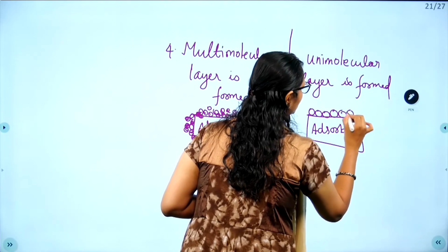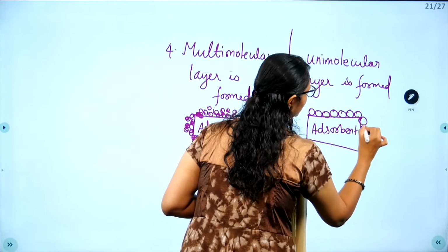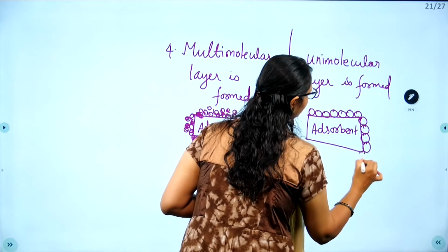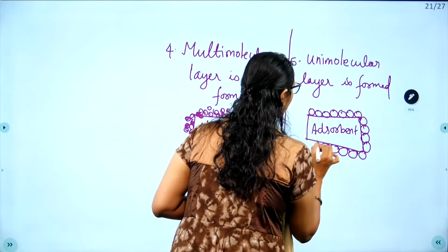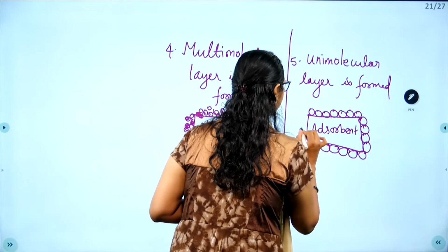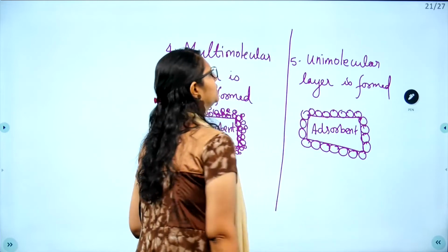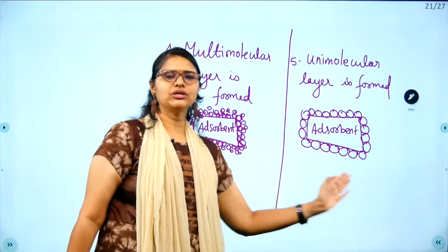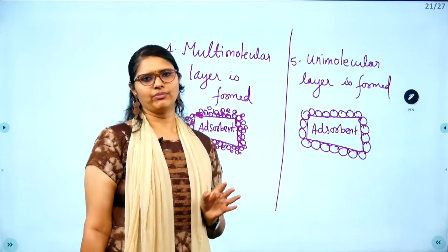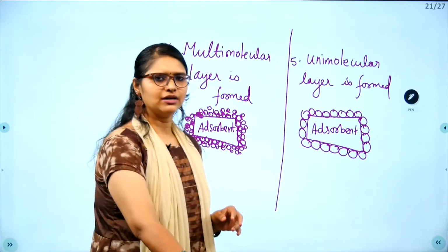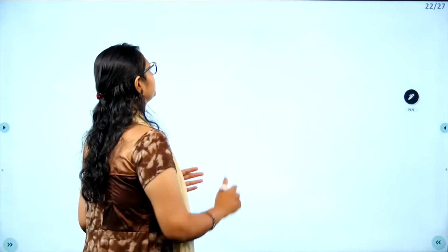As I told you, it could be ionic or covalent, any one type of bonding is possible. So uniformly it can form only one type of layer, okay. So here only a unimolecular layer is formed, whereas in physisorption a multi-molecular layer is formed. Is it okay? Understood? Some general points are there, that alone we can see.